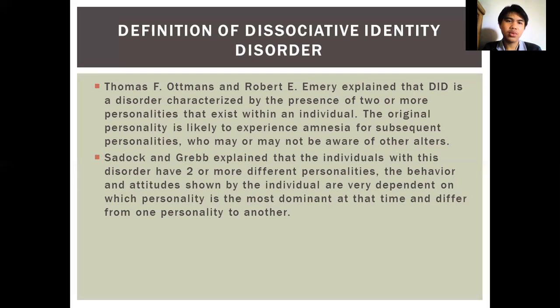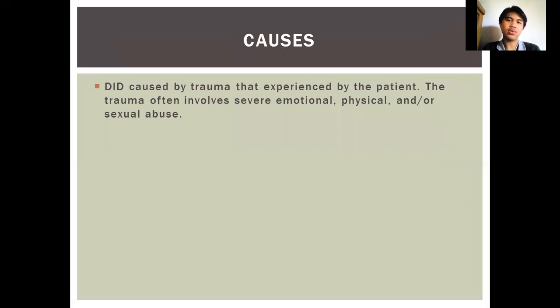Now we move to the causes of the ID, or dissociative identity disorder. The ID is caused by trauma experienced by the patient. The trauma often involves severe emotional, physical, and or sexual abuse. It means the history of trauma is a feature of the ID.